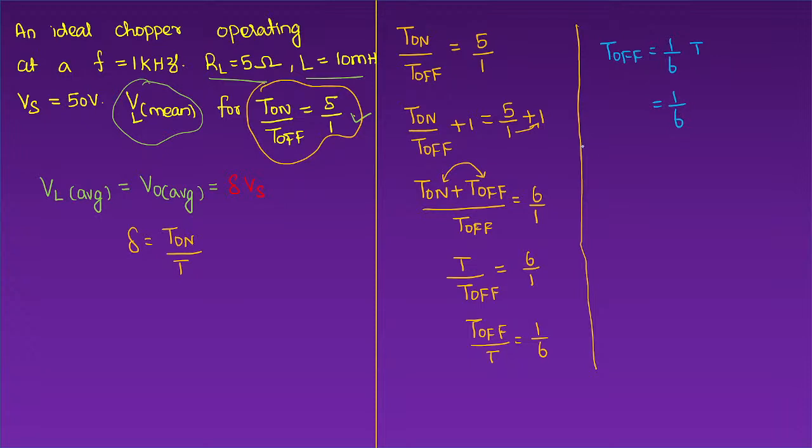The overall time period is not given, but the frequency is, and the fundamental frequency and time period are reciprocals of each other. So I replace T by 1 upon f, which is 1 by 6 into 1 upon 1 kilohertz. Kilo means 10 power 3, so this is 10 power minus 3 upon 6. So we figured out the value of off time.